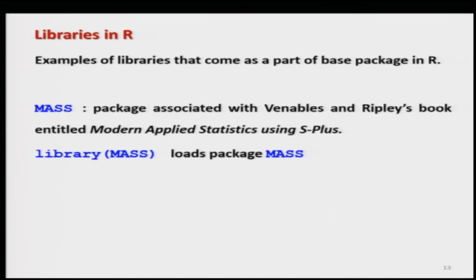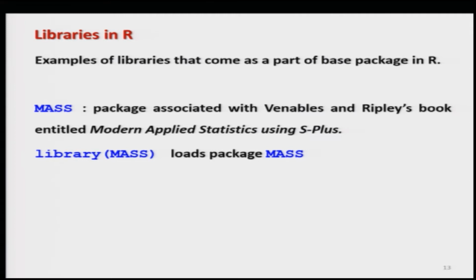doe.base. Now, once I take the example of these libraries, as I said, there are two types of libraries: libraries which come as an integral part of the R software, and another type of libraries which you have to download depending on your need.